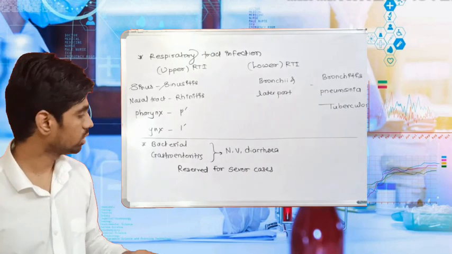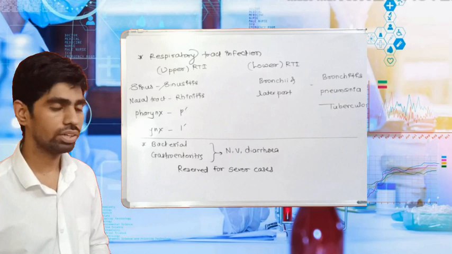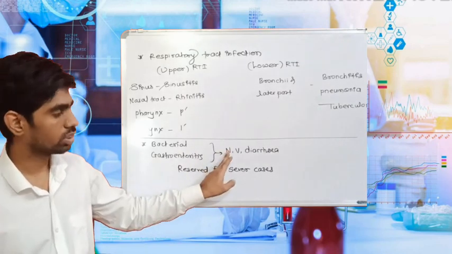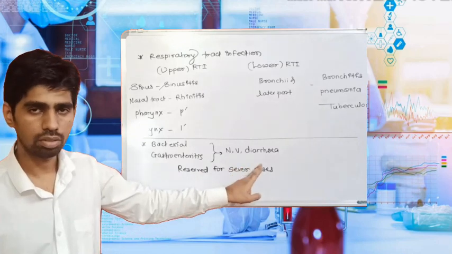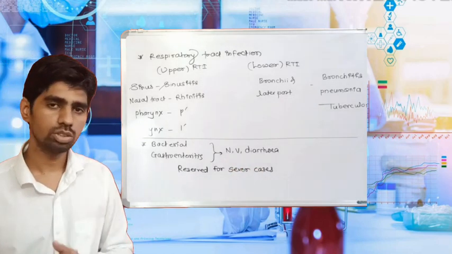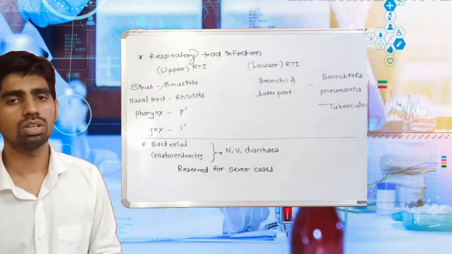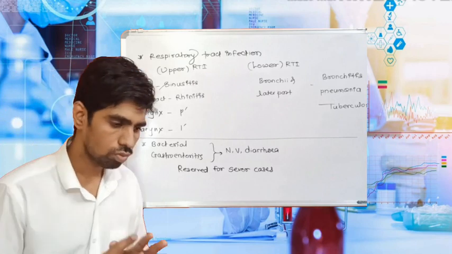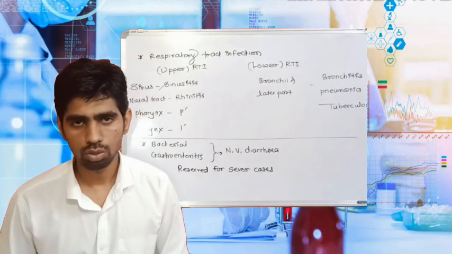The next use is bacterial gastroenteritis. Here, the infection causes nausea, vomiting, and diarrhea. For that, ciprofloxacin is used, but its use is reserved for serious cases. I hope you understood these 4 to 5 important uses.